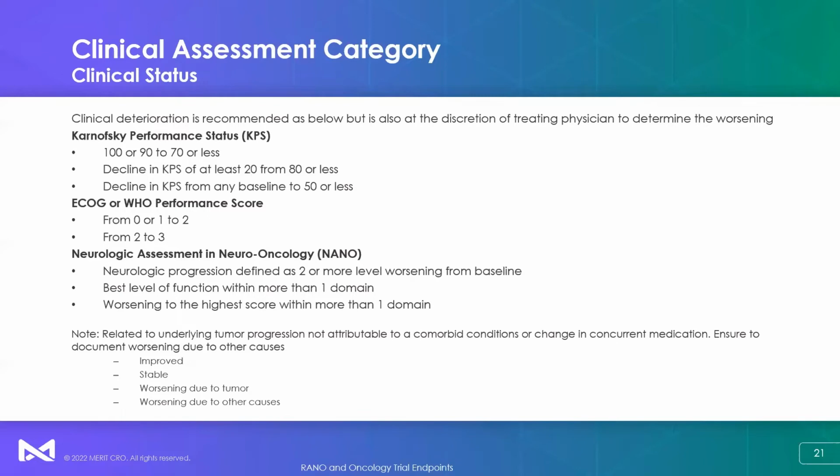The clinical status change can be delineated as improved, stable, worsening due to tumor, or worsening due to other causes. In such cases, other causes should be recorded so that documentation is complete.